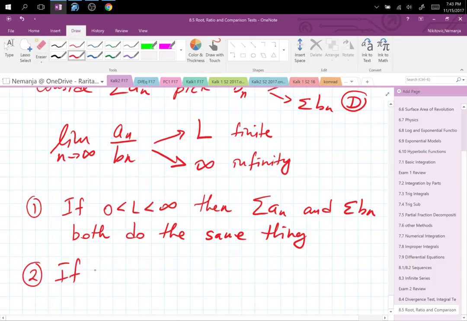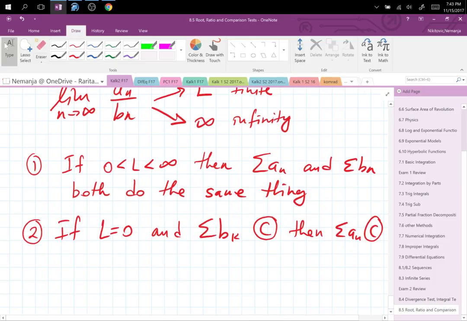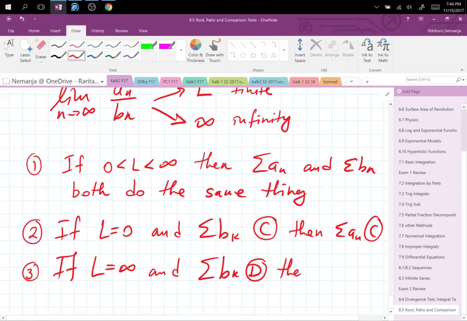So if L is equal to 0 and summation BN converges, then summation AN converges. And if L is equal to infinity and summation BN diverges, then summation AN diverges. These are extra conditions. 99% of the time you will be dealing with number 1.